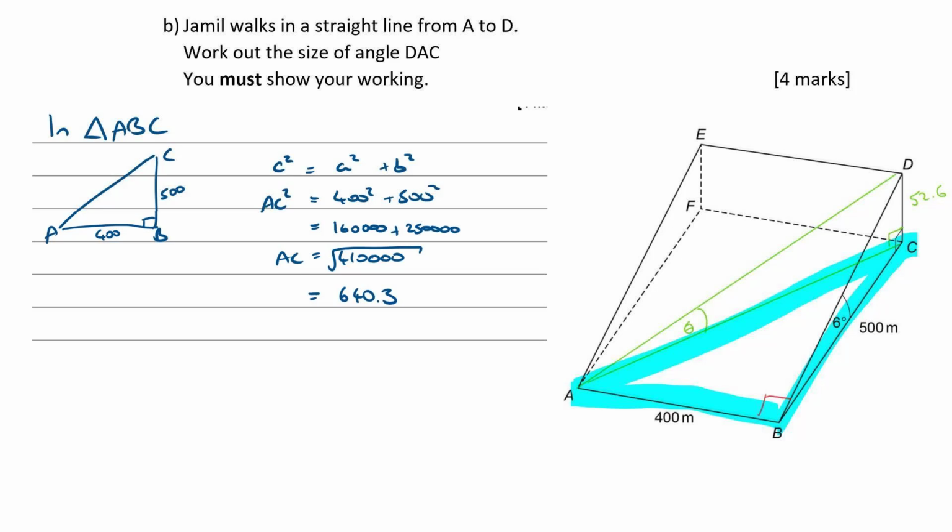I'm going to now switch to this triangle, the ACD triangle, that one there. Can you see that? So in triangle ACD, so that's my long thin triangle.